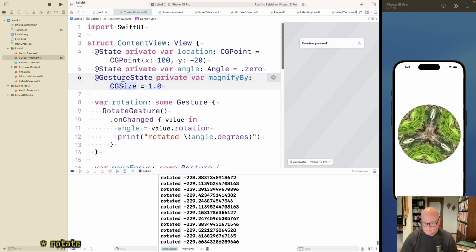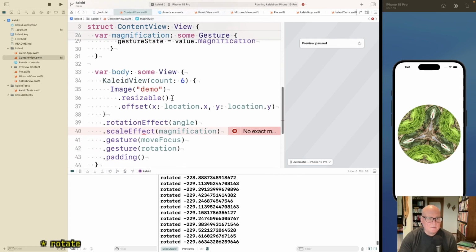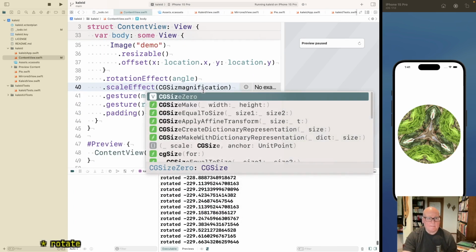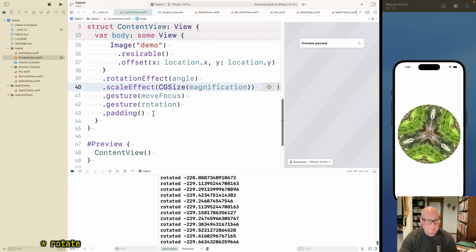1.0. Okay, that's a double. This needs to be a CG size. I don't know if it'll take a double.